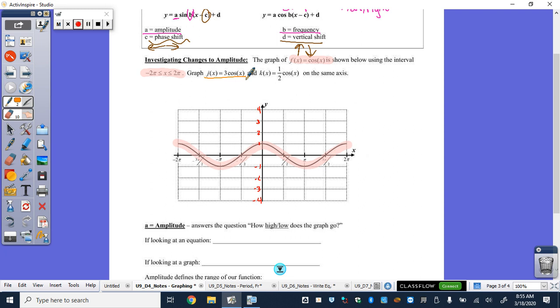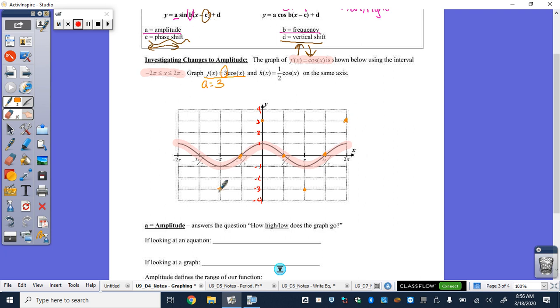So the thing that has changed this time is this value out in front, which we would call our amplitude. So our amplitude this time is a 3. So that means the high and the low are still going to be highs and lows, but instead of going to 1, they're going to go to 3. So this one's going to go 3, 0, negative 3, 0, 3.